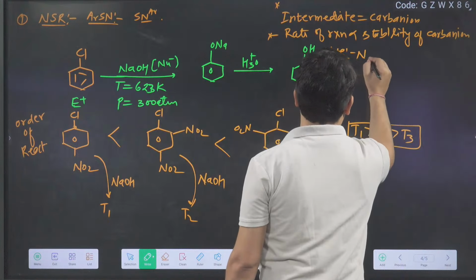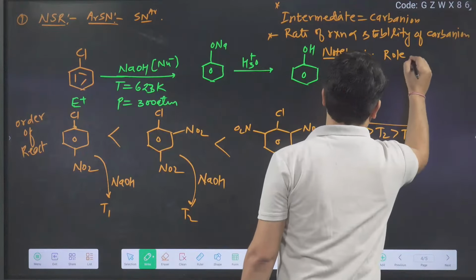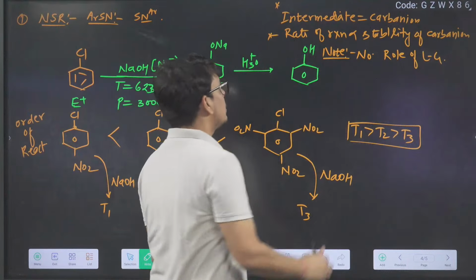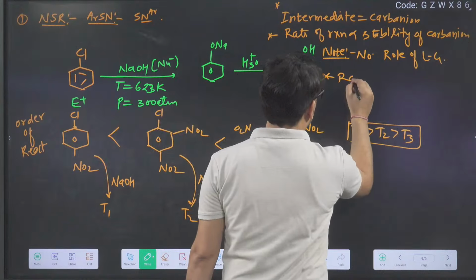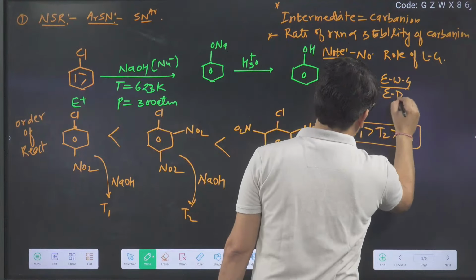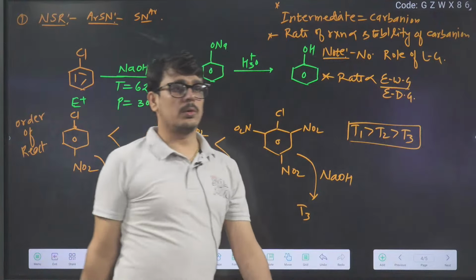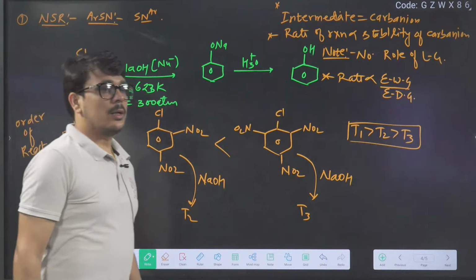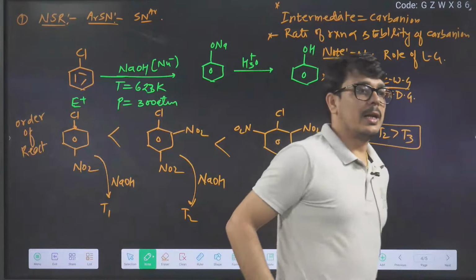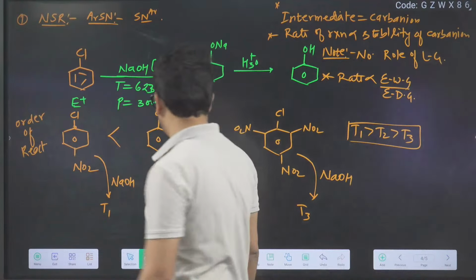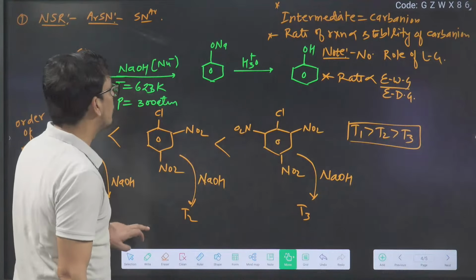No role of leaving group here. And last what I'm saying, rate is directly proportional to electron withdrawing and inversely proportional to electron donating. Clear to everyone, yes or no?